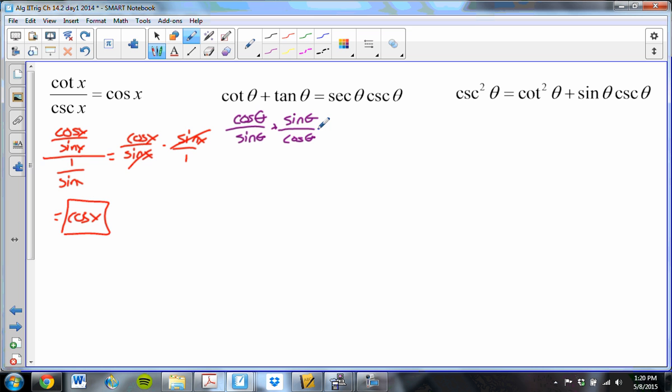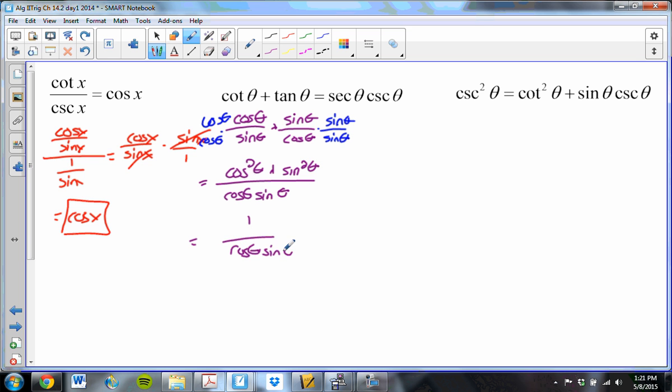The common denominator is cosine sine. So this needs a sine on top and a sine on bottom. This needs a cosine on top and a cosine on the bottom. And that leaves me with cosine squared plus sine squared. Beautiful. Over cosine sine. Well, cosine squared plus sine squared is 1. So it's 1 over cosine sine. And 1 over cosine sine is secant cosecant. And that's where I wanted to end.